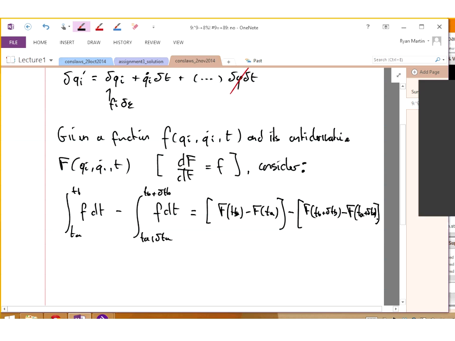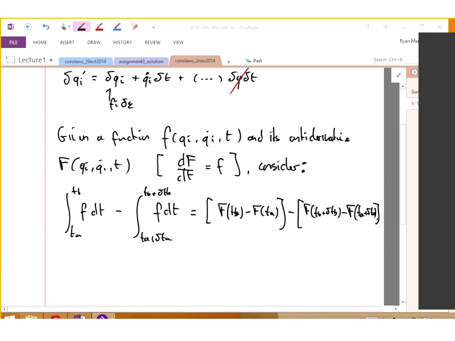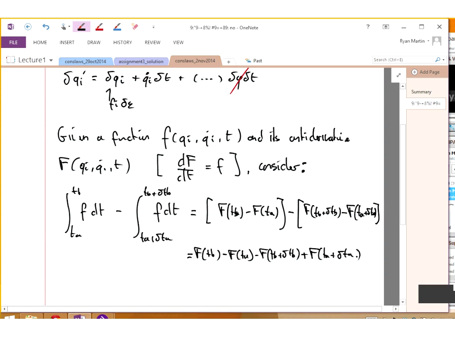Alright, since the integral of little f is big F, then a definite integral is just given by evaluating F at the different values. If I just expand this to switch one of the negative signs, then I have capital F evaluated at Tb minus capital F evaluated at Ta minus capital F evaluated at Tb plus delta Tb plus capital F evaluated at Ta plus delta Ta. Okay?